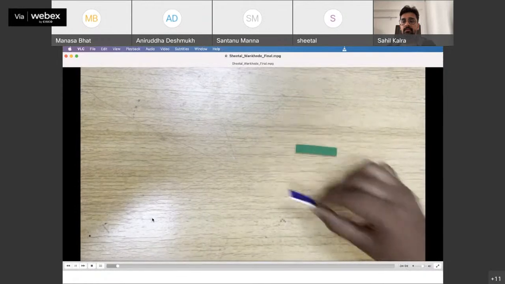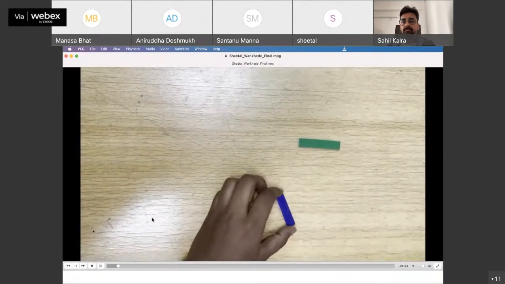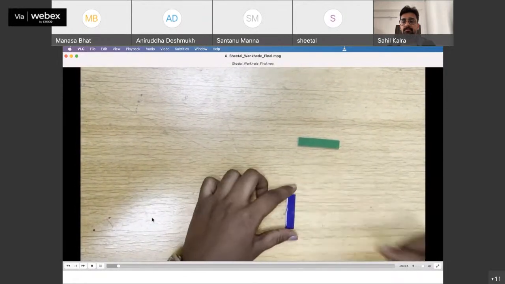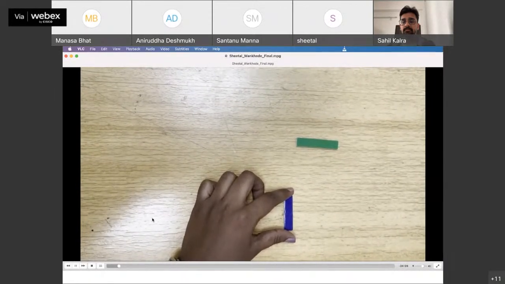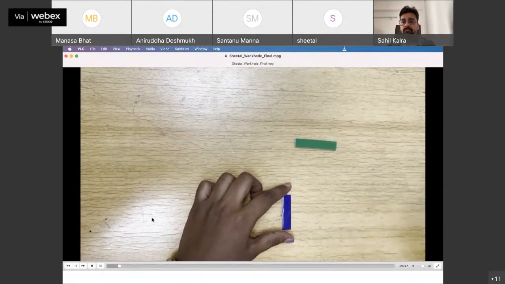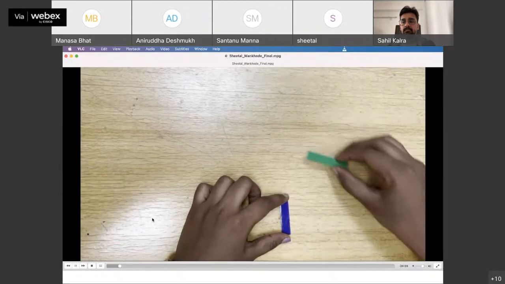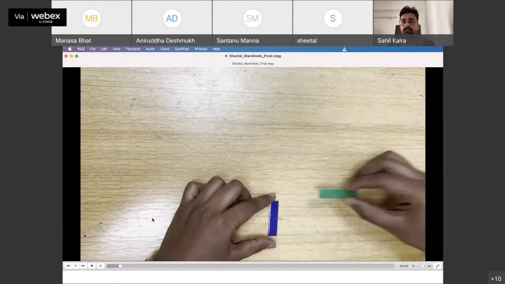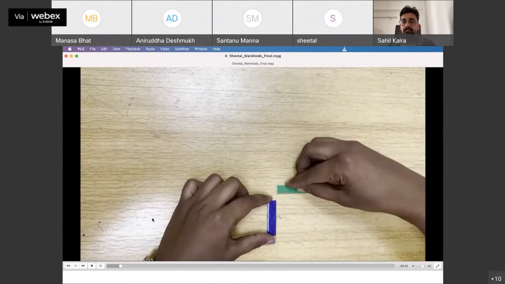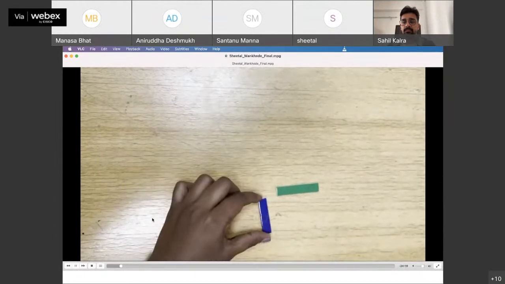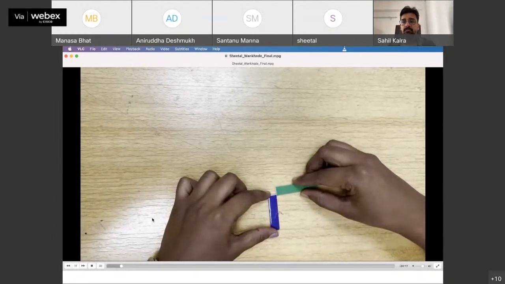So if you see, this is your x tile of length x. We are going to make a rectangle whose area is xy. For that we need this x and this y. So one side is of y length and one side is of x length. So we need to fill this area.